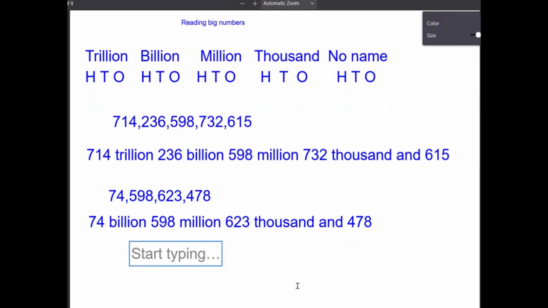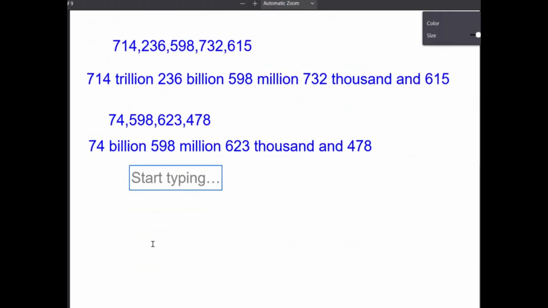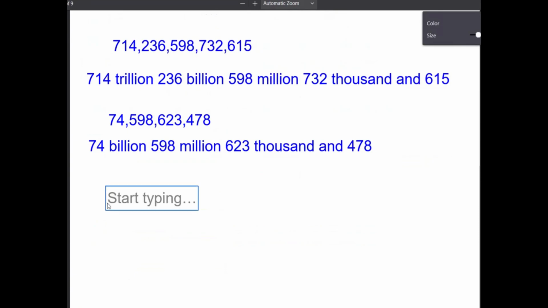Sometimes they could give you a number in words and ask you to write it down in figures. I could say 73 trillion and 4 million.